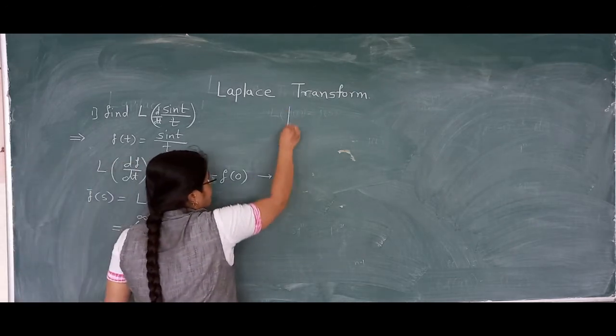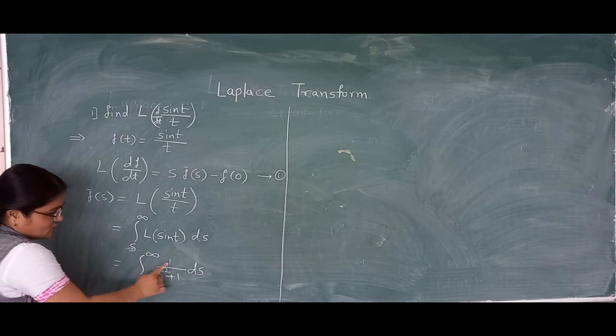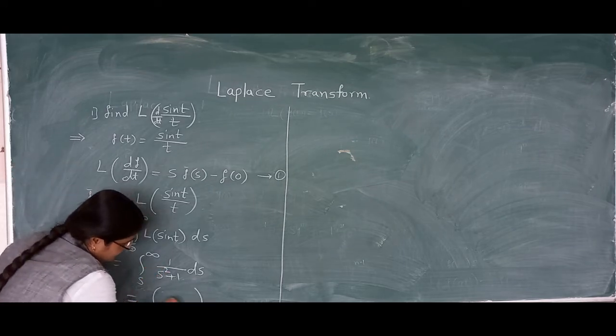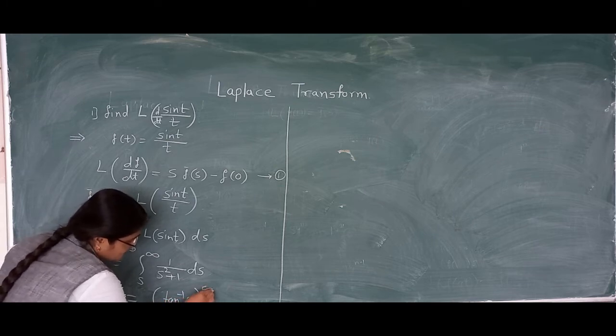Now the integration of 1 upon s square plus 1 is tan inverse s from s to infinity.